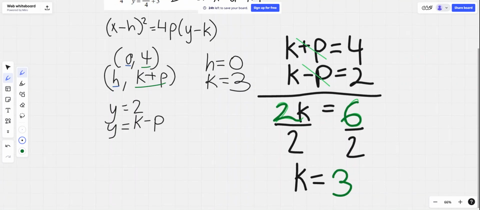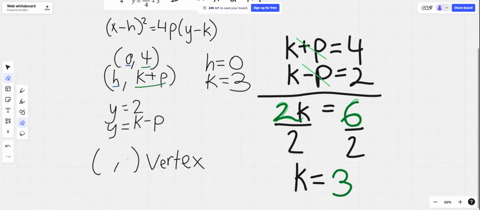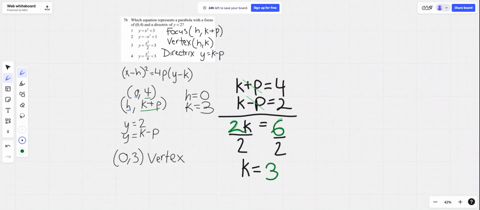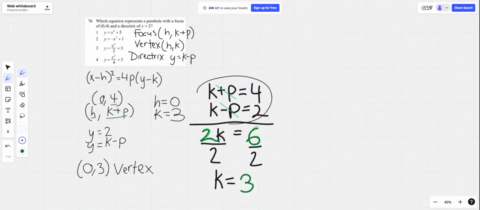We know the vertex, which is (h, k). The vertex is (0, 3). Now, we want to figure out what p is, right? And we can do this because we have these two equations.